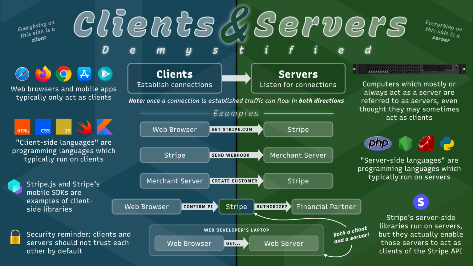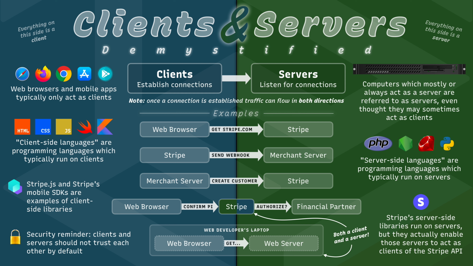Bad actors can inspect and modify client-side code when attempting to exploit systems, and they also run malicious servers as well. It's important to establish secure connections and confirm trust between clients and servers using certificates, authentication, and other security measures appropriate for the connection being made.